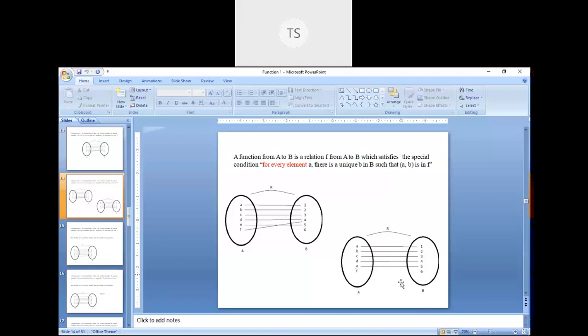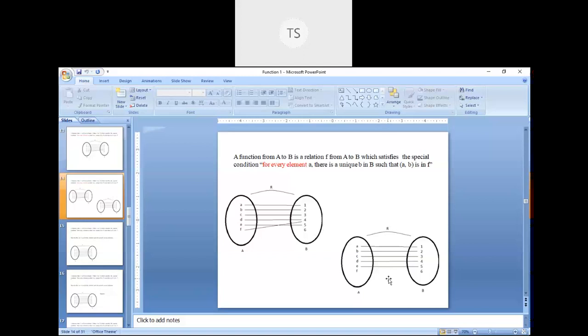So in this case, it will not represent a function because it violates the condition that for every element in the first set there must be a relation. For this element F, we are not getting a relation with any element of set B. So that's why this figure will not represent a function.